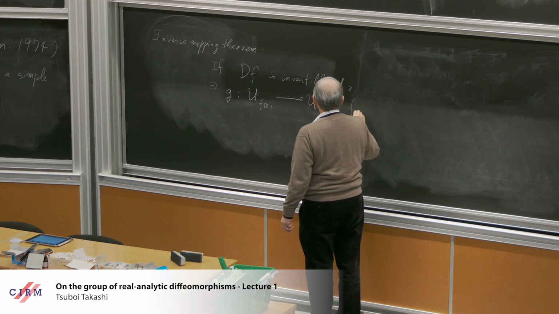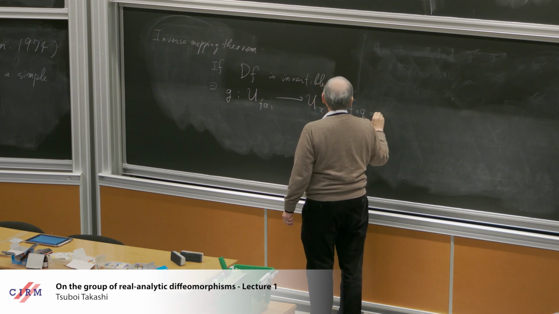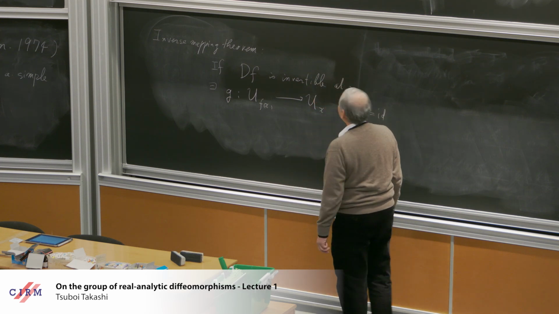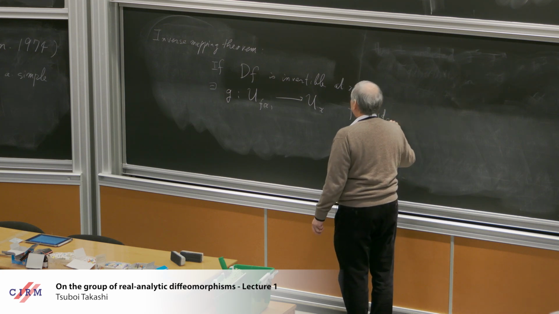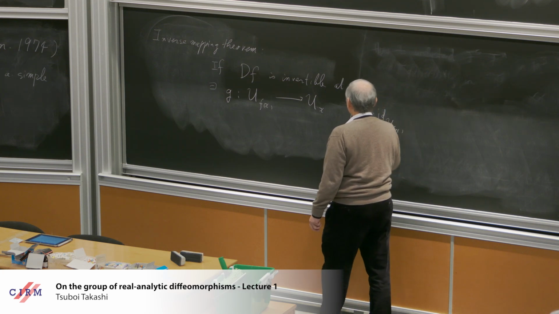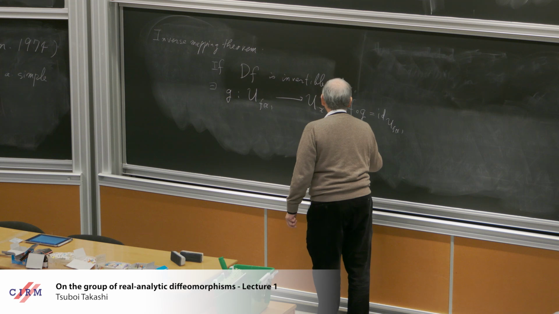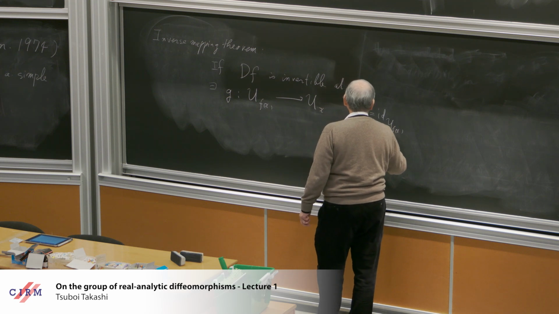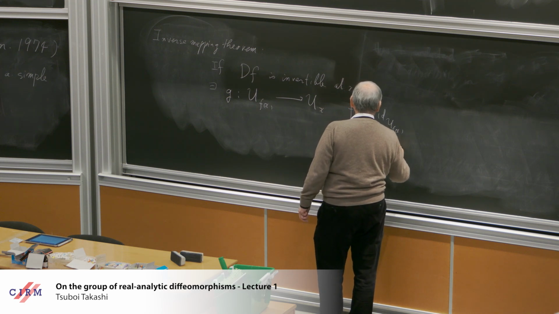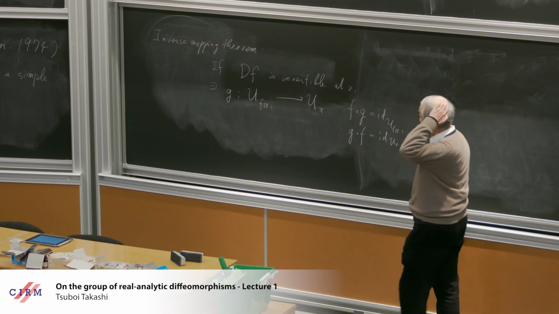So fg equals the identity on the neighborhood of f of x, and gf is the identity on the neighborhood U of x. Okay?